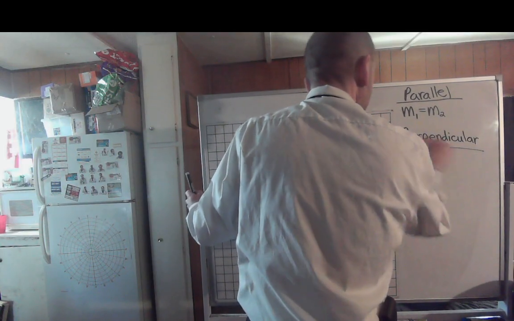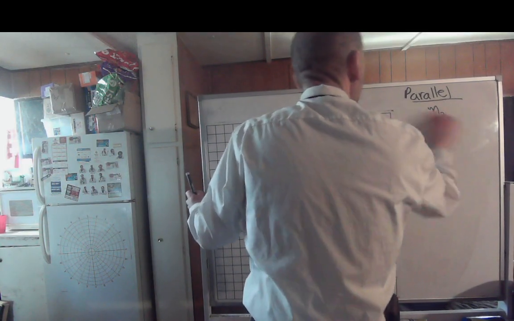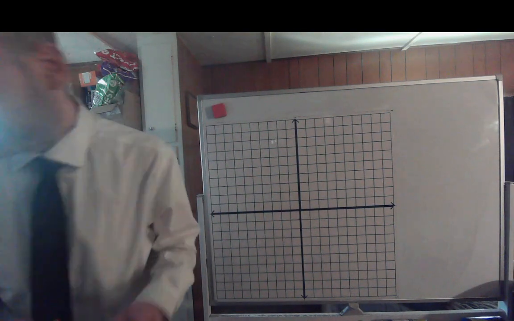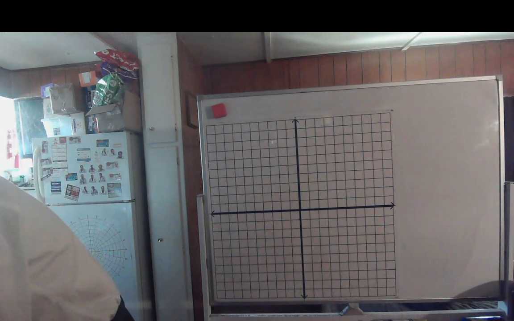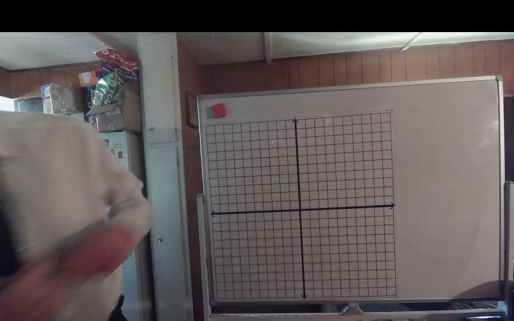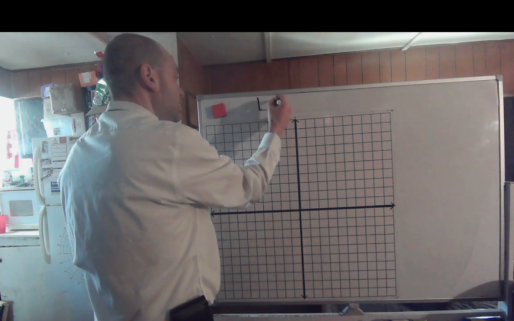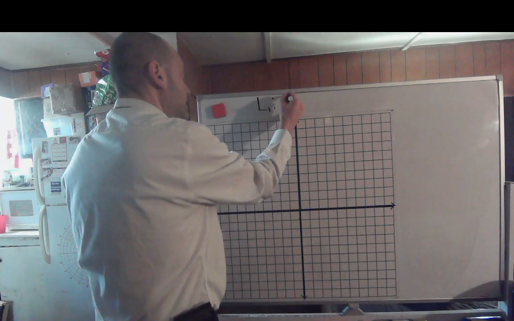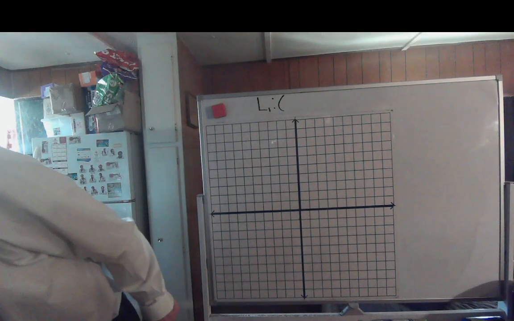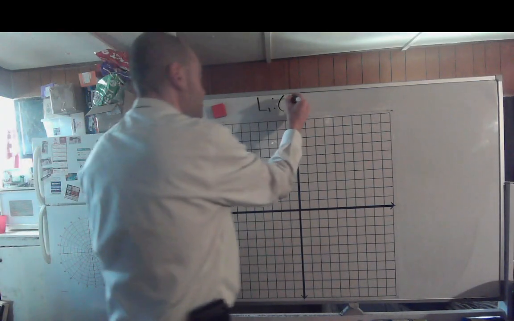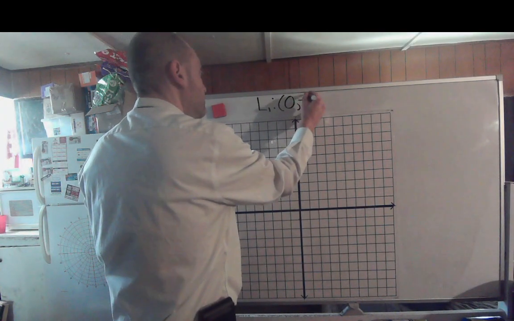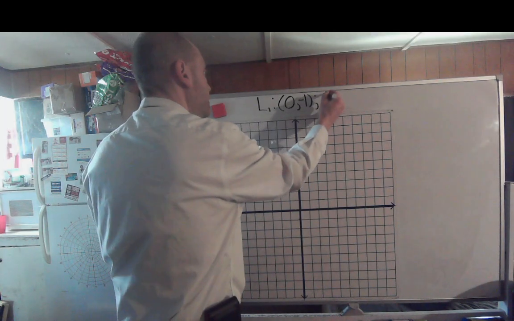So let's see. We're going to do some examples here. We're going to determine if some lines are perpendicular, parallel, or neither. So line 1, you've got the points 0, -1, and then 5, 9.